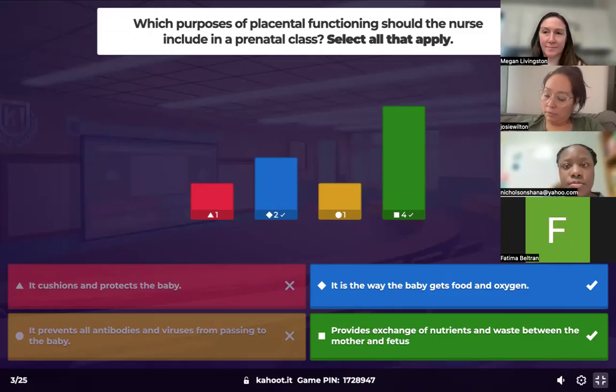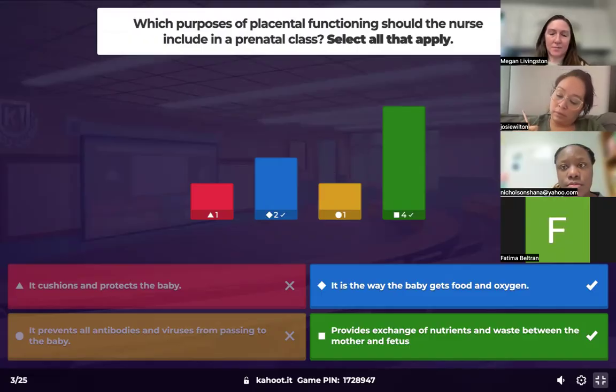For the test too, I would definitely understand how the blood flows between mom, placenta, umbilical cord, fetus, and back out. Know which vessels are carrying oxygenated blood to the baby and which are bringing deoxygenated blood out from the baby. Can you repeat that one more time?